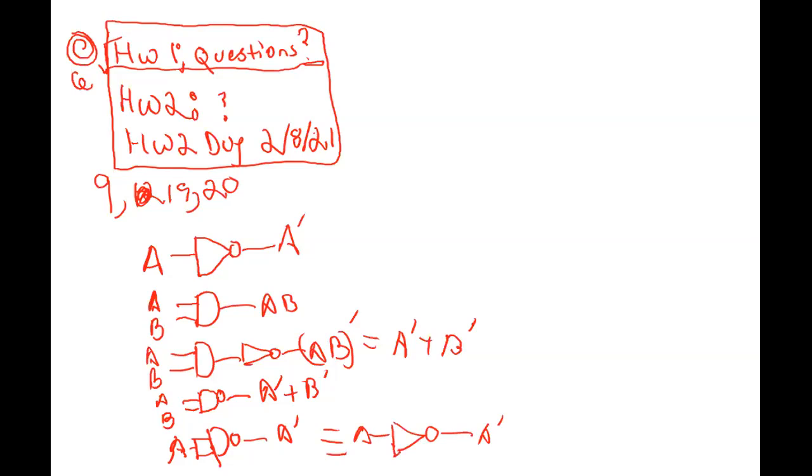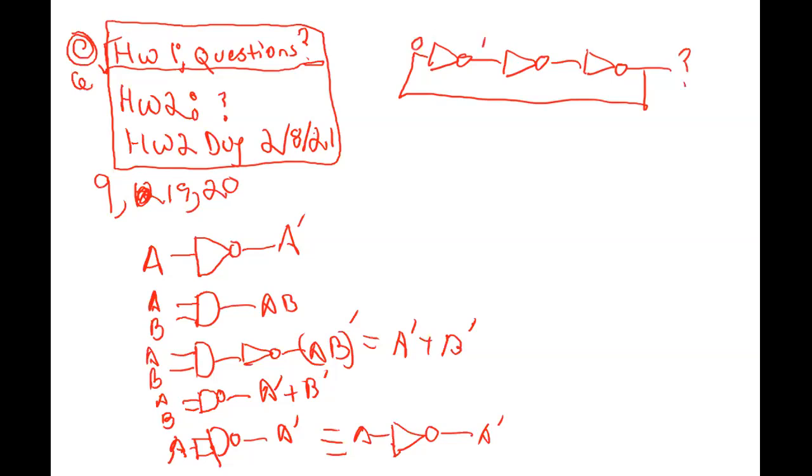And now comes an interesting question. What happens if you take an inverter, wire it to another inverter, and then wire it to another inverter, and then take the output and wire it back onto the input? What'll you get? Well, if this is a 0, that'll be a 1. Then this will be a 0, and then that'll be a 1.